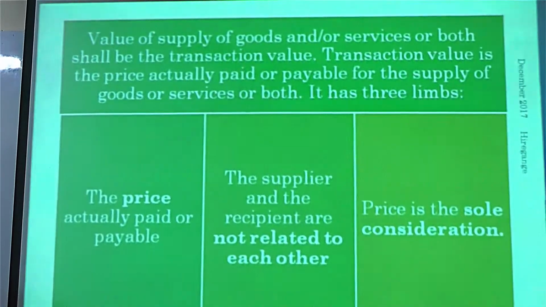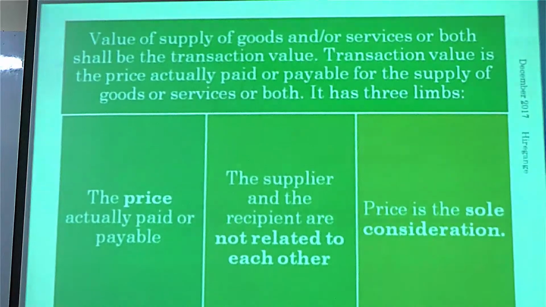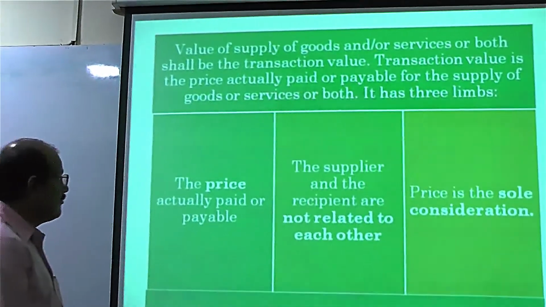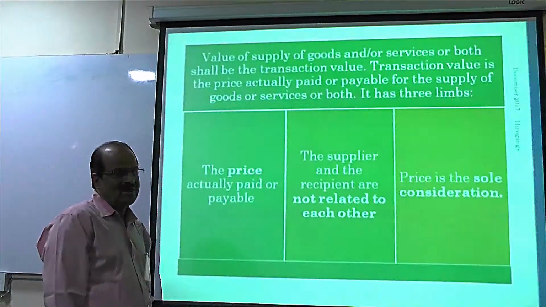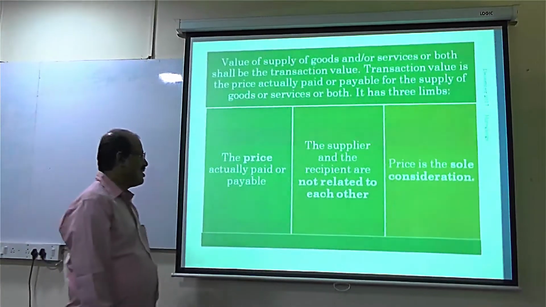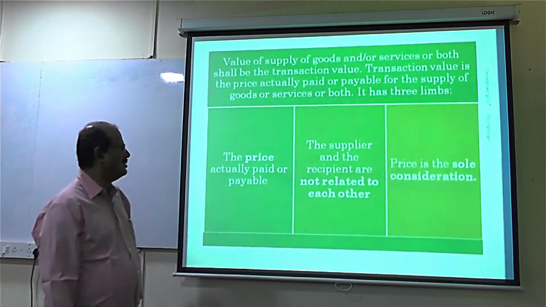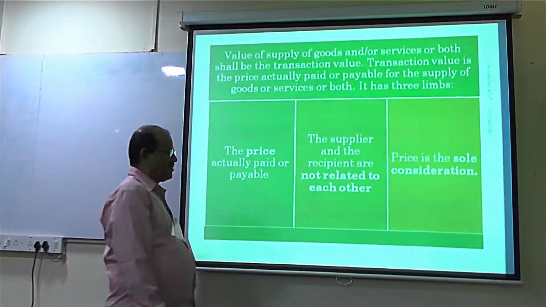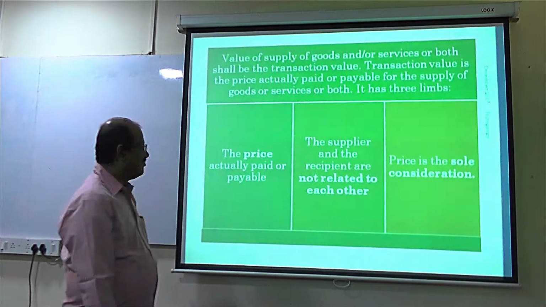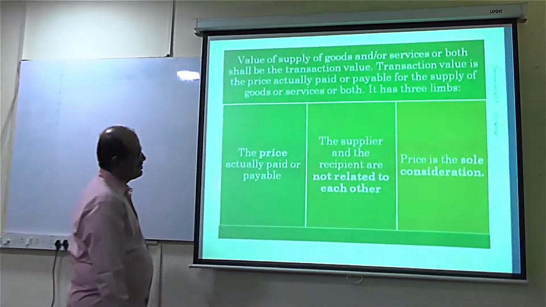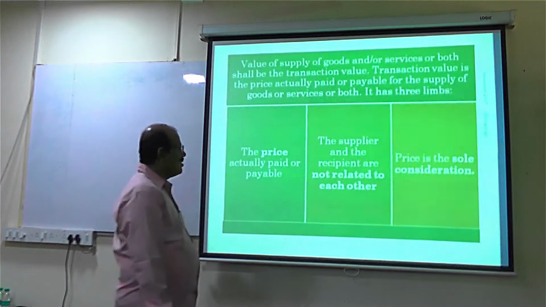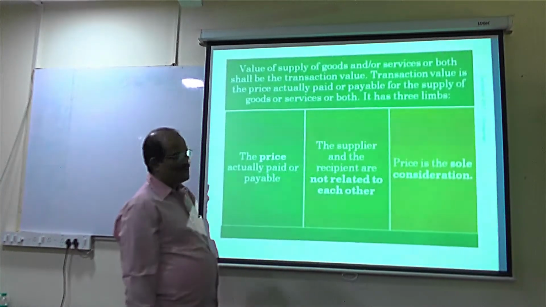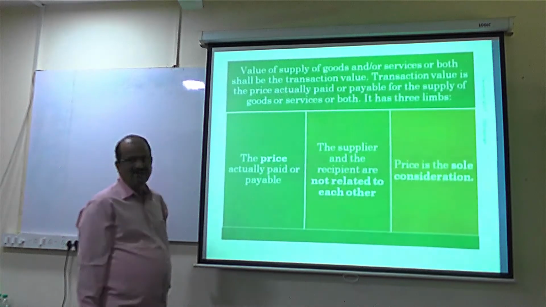Only when the price is independent of relations between the supplier and the recipient, it fulfills the definition of transaction value. If there is a relationship between the supplier and the recipient and that has affected the price, the determination of transaction value cannot be made under the main provision of the section, and valuation rules will have to be applied.